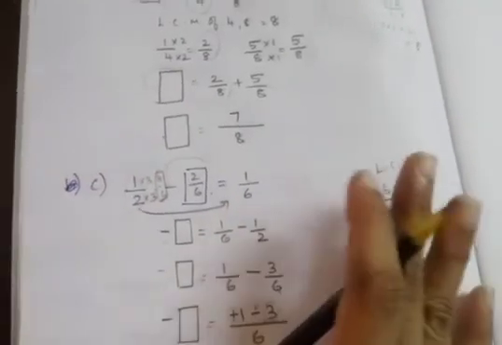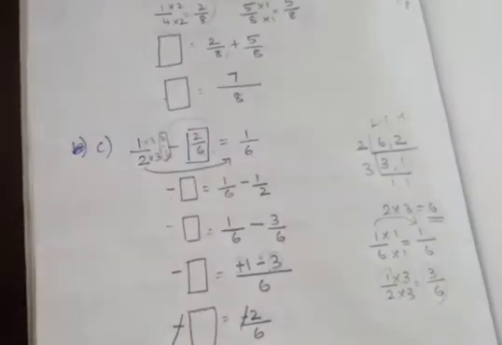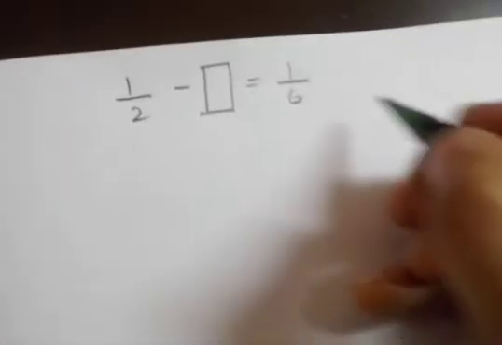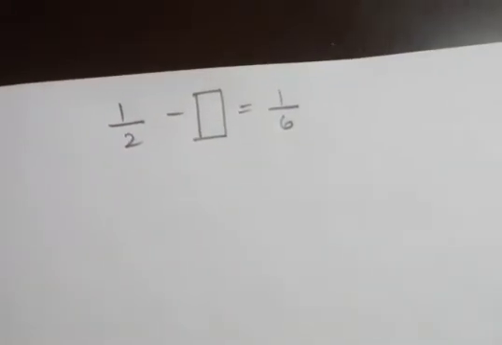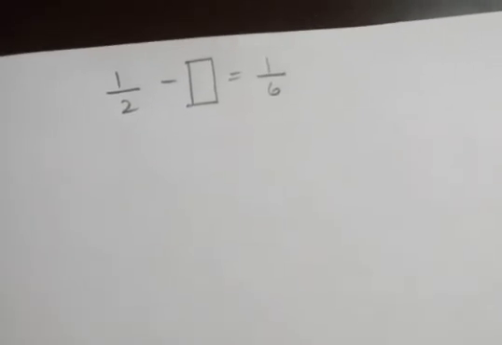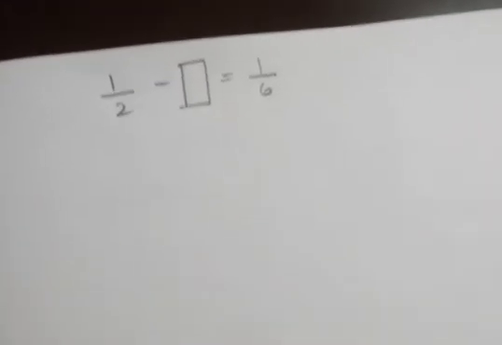See, another method I will teach you, and this is also very easy. 1 by 2 minus box is equal to 1 by 6. I just want only the box, right? I want the value of box, but the box should be positive. Keep it in your mind, box should be positive.